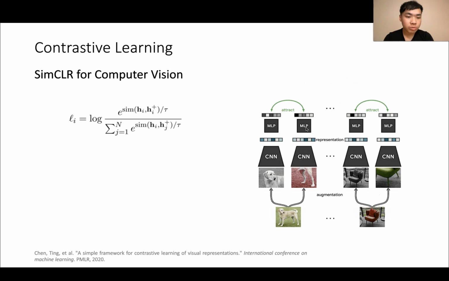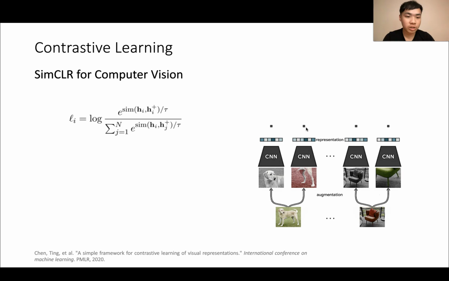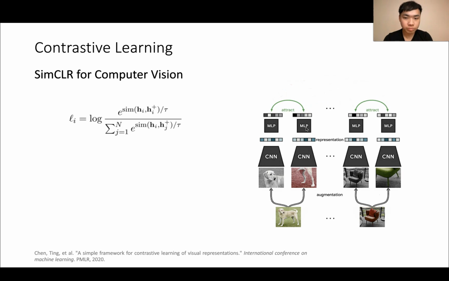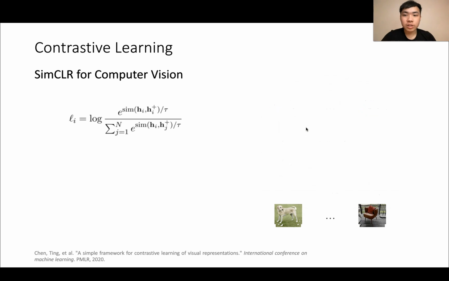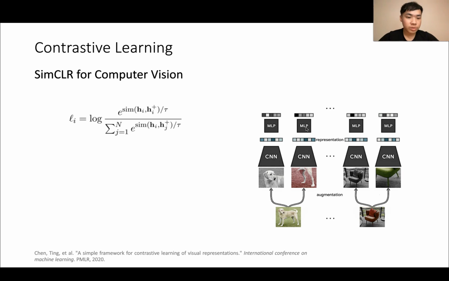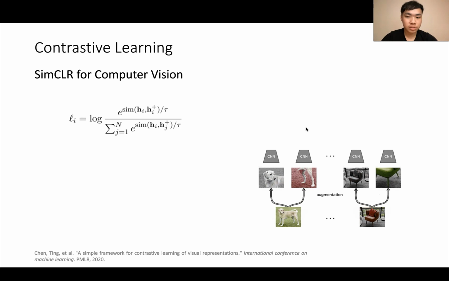For any other randomly sampled negative pairs, it makes the representations dissimilar to each other. This kind of contrastive learning framework has achieved successful results on computer vision downstream tasks.